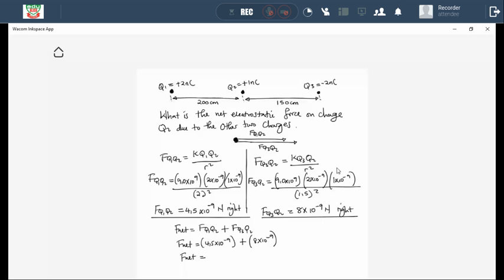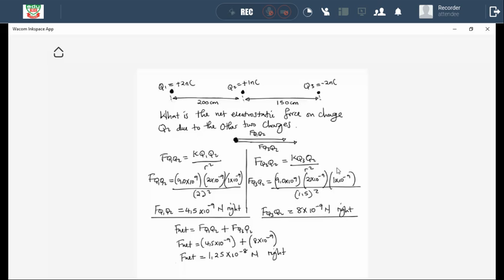I close, right? Plus, I open 8 times 10 to the power negative 9. I close. Then I'm getting 1,25 times 10 to the power minus 8 newtons. Since I'm getting F net positive, it means my overall direction is right.